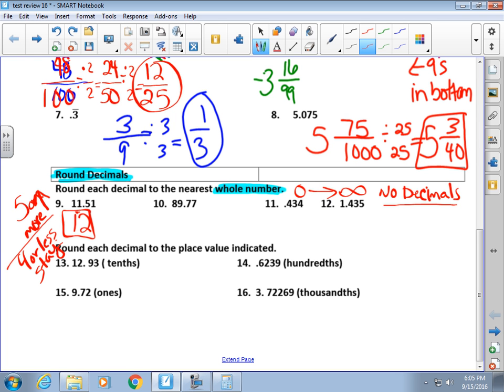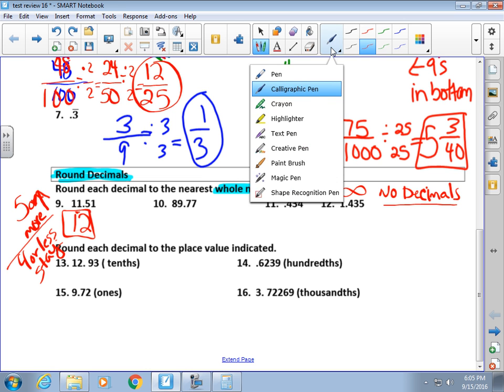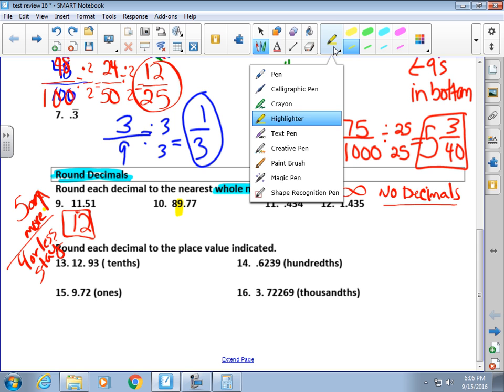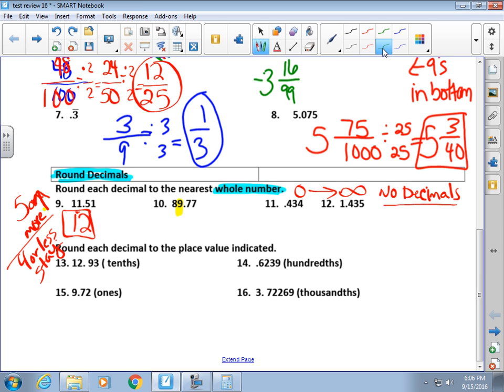Next one, 89.77. I am going to look at my first whole number. The rule says 5 or more, go up. 4 or less, stay. The number after that 9 is a 7, so that tells me I need to go up. 9 goes up to 10, and if I have 10 ones, that really means this should go up to 90, because 9 went up to 10, and you have to carry the 1.